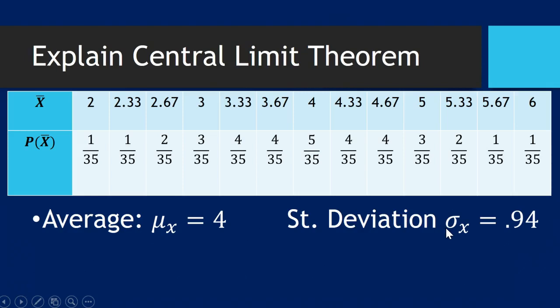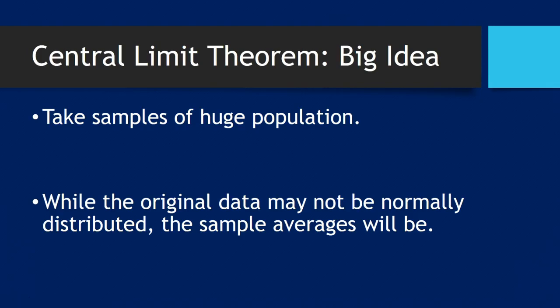And the standard deviation amongst the sets is 0.94. So the average of the sets was the same average as if we were picking an individual. The standard deviation has changed. So that's the big idea of a central limit theorem.